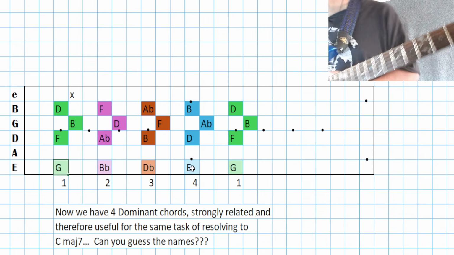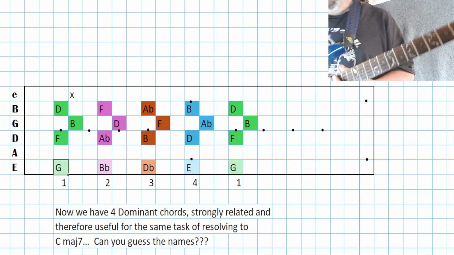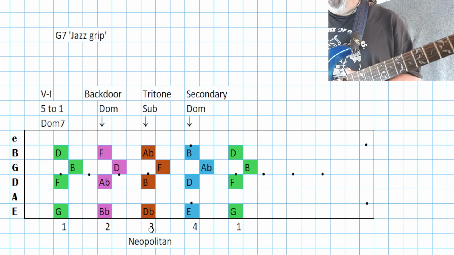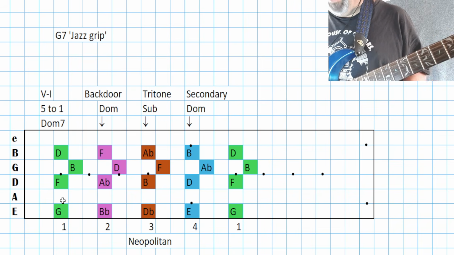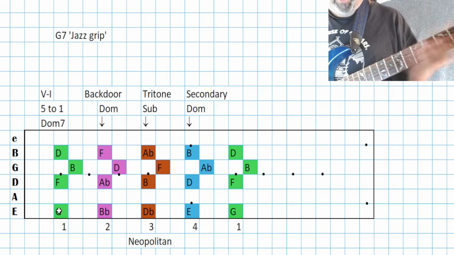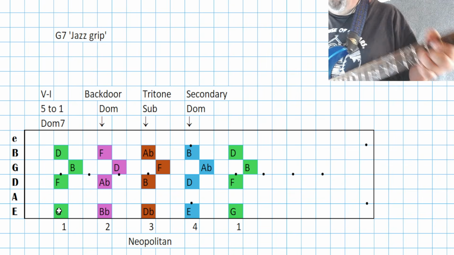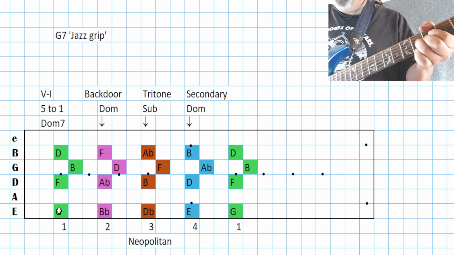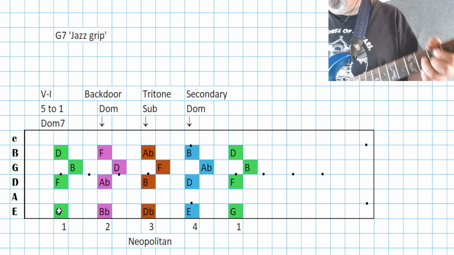So what do we got here? The final sheet reveals everything. So we have our regular 5-to-1 dominant. You want your most natural, obvious 5-to-1 relationship. You're going to play your G dominant 7, and you're in the key of C.